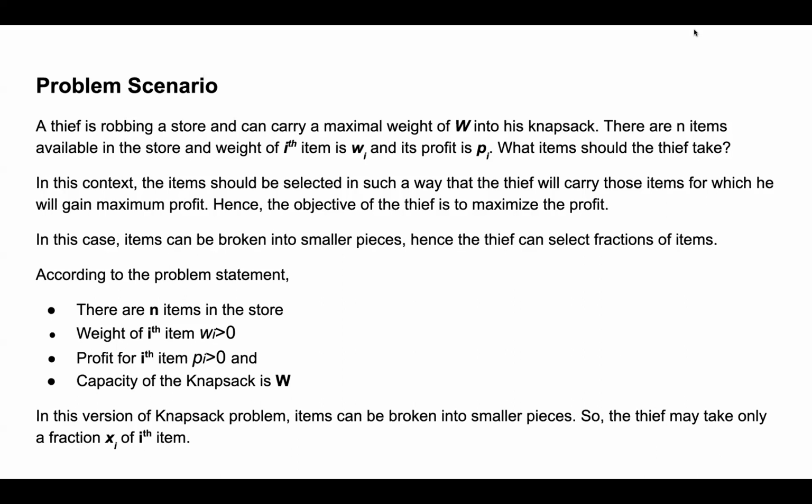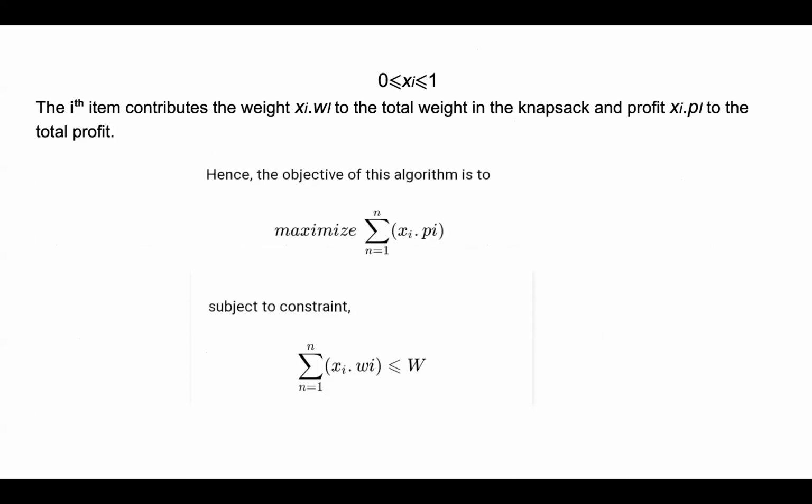Okay, in this case, items can be broken into smaller pieces. Hence the thief can select fractions of items. Means what? Again, the fractional knapsack we have seen here in the diagram.